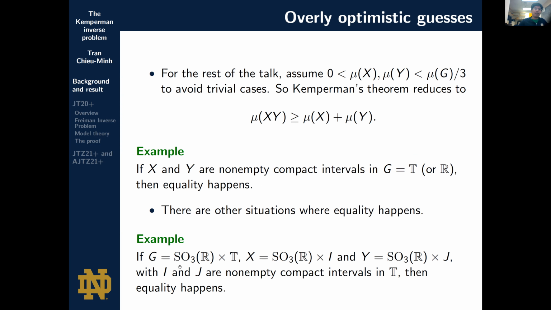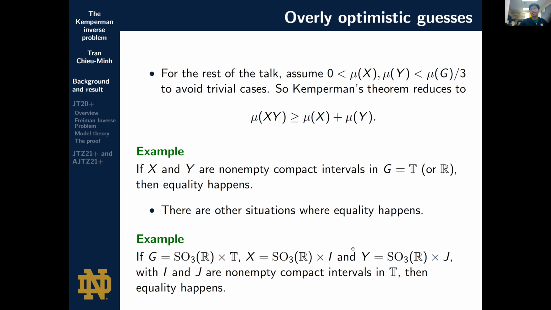Namely, for example, you can extend the torus by a compact group, say SO(3) times T, right? Then you can choose X to be SO(3) times an interval and Y to be SO(3) times another interval. Then one can also check that the equality happens in this case by using Fubini's theorem.